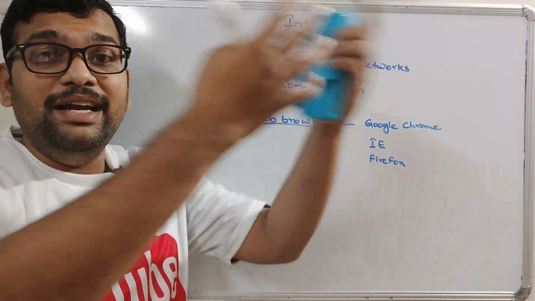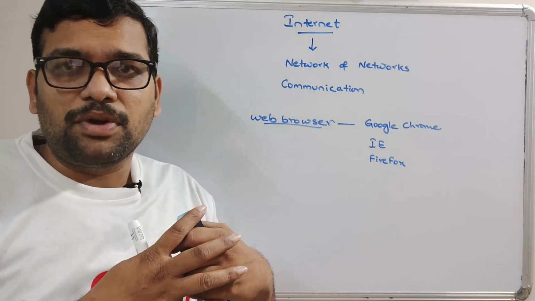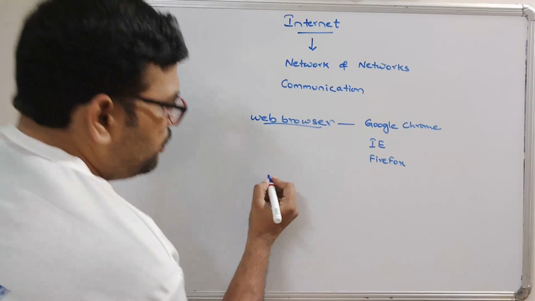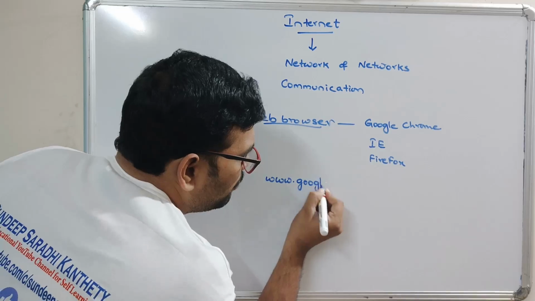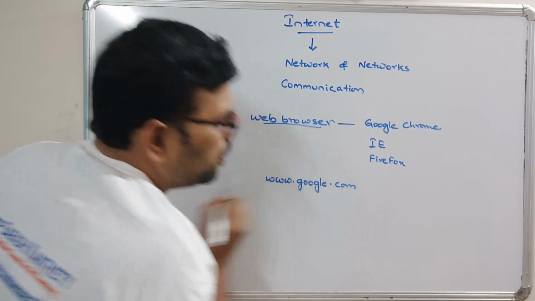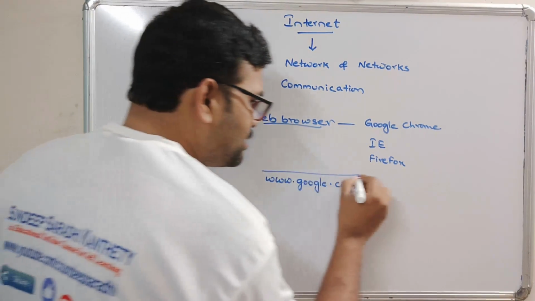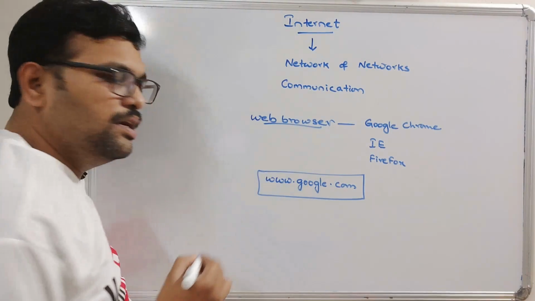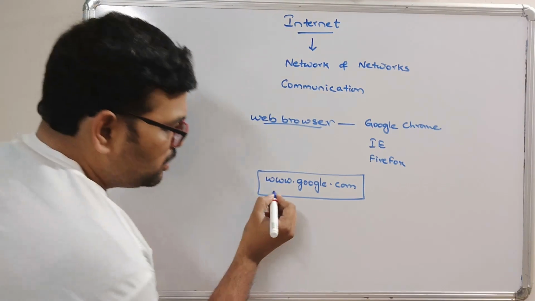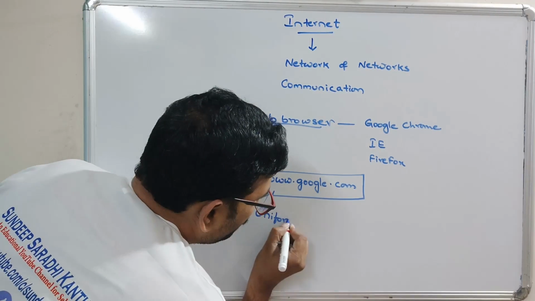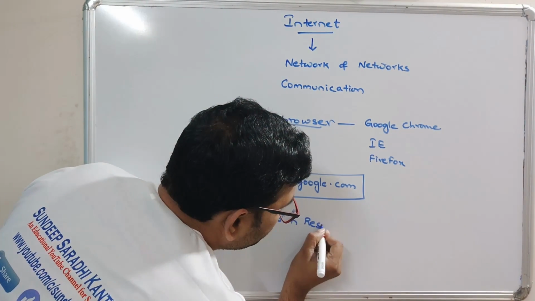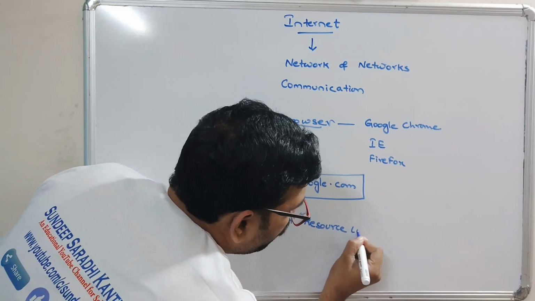Then how to identify that particular server? For example, you are giving www.google.com, and this is called the address of the website. This is called a uniform resource locator.